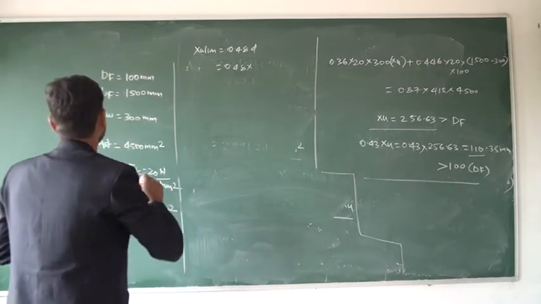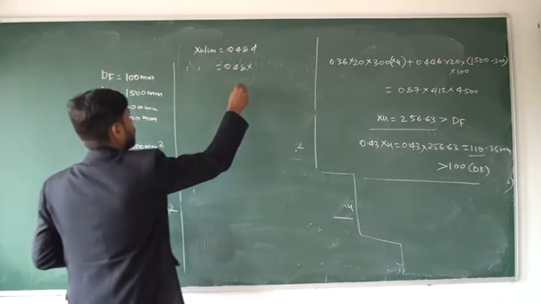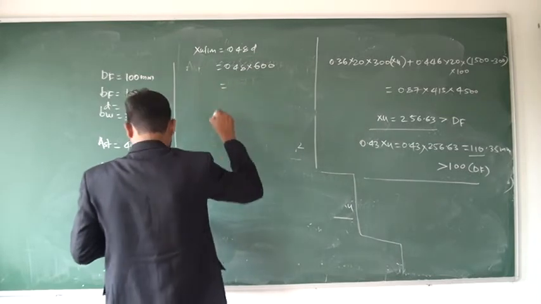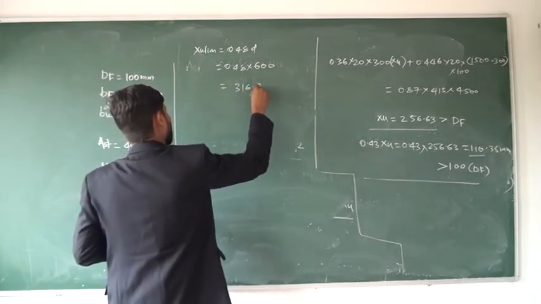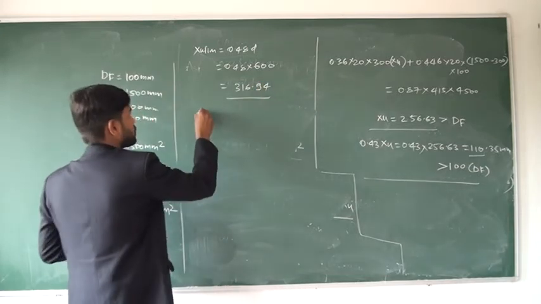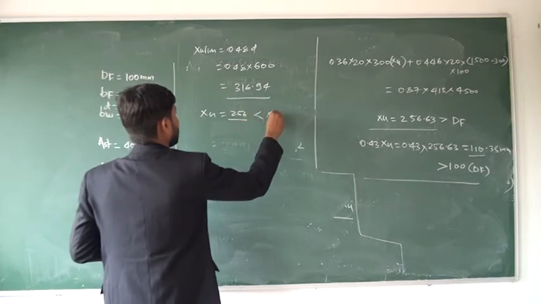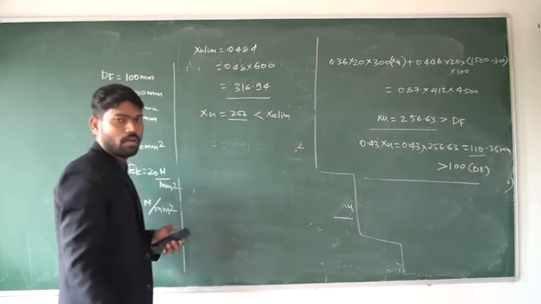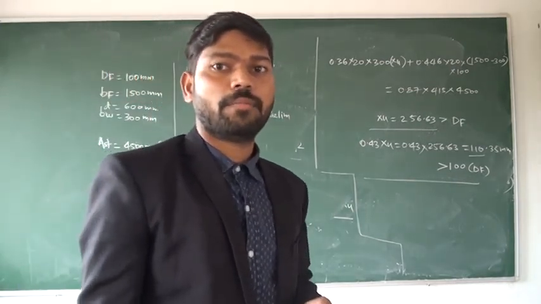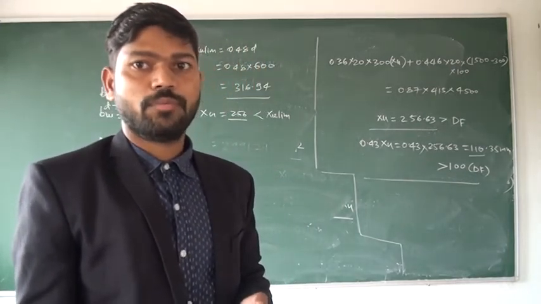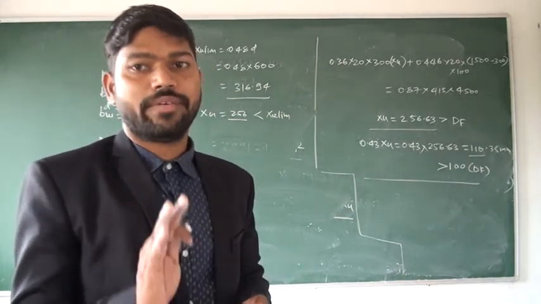Yes, the depth of the beam is also given. It is 600 mm. So XU limit value is 316.9 and our value is 256. So it is less than XU limit. The section is under-reinforced. But as we have to find the moment of resistance for an under-reinforced section, we will take compression in overall, but we will put the value of XU as actual XU, not XU limit.